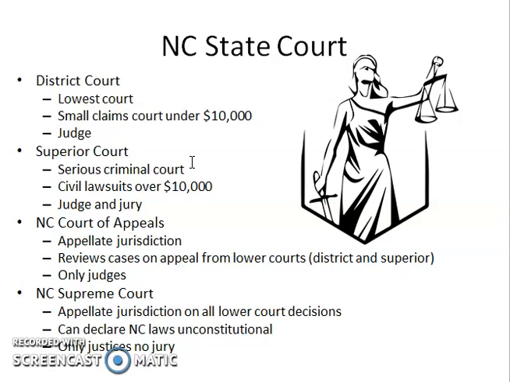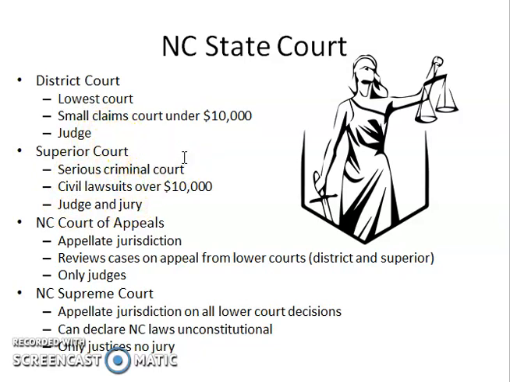Those are felony offenses. If someone has committed a felony, they are going to go to prison, or at least that's a possibility. Okay, prison is more than a year on a sentence. Jail is less than a year. So in a serious criminal court, a felony case, you're going to have a judge and you're going to have a jury.